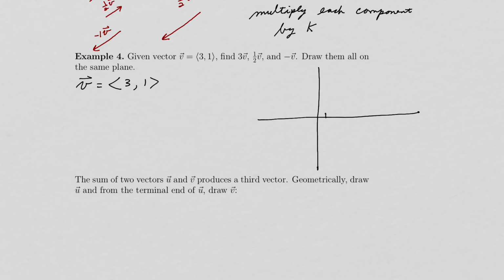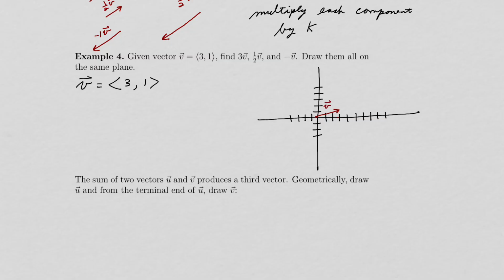Here, I'll draw the first one. So 3, 1 means the x component is, I'm starting at the origin, right? The x component is 3, the y component is 1, so that's a vector that looks like this. Right, that would be my original v.